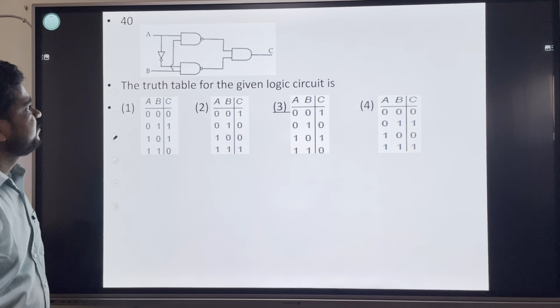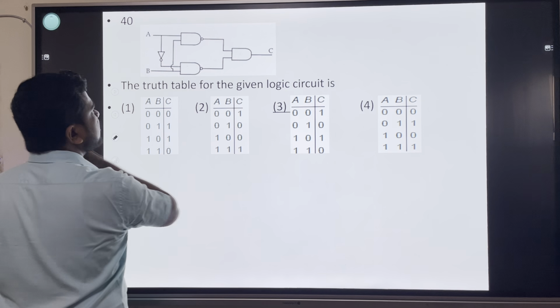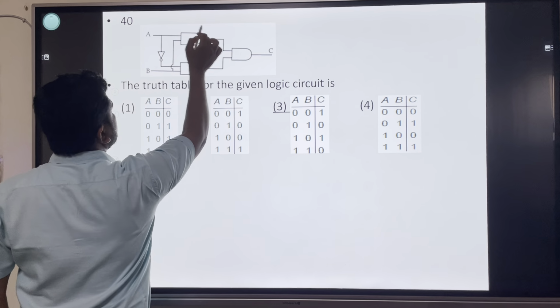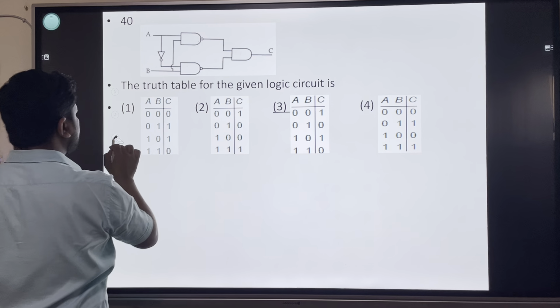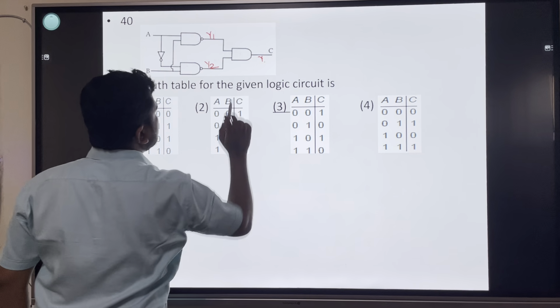Next, truth table for the given logic circuit. Look here, if it is y1, y2, the final answer is y.